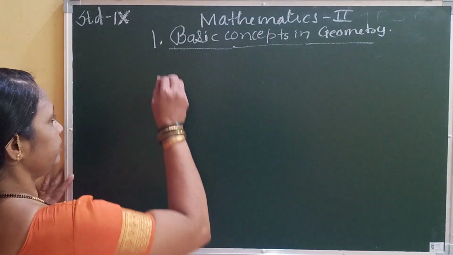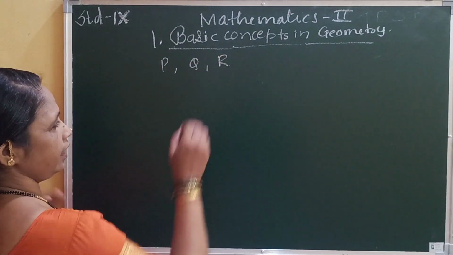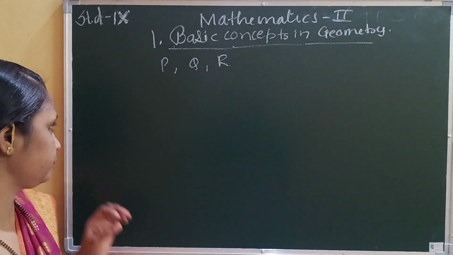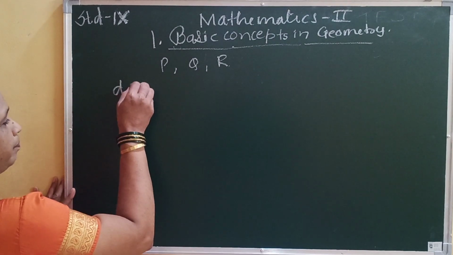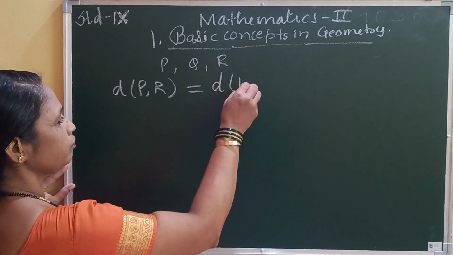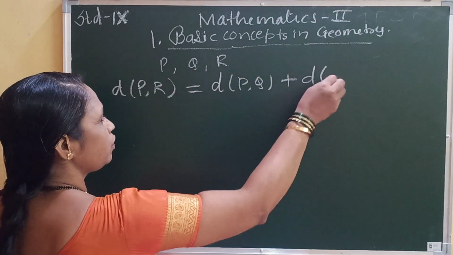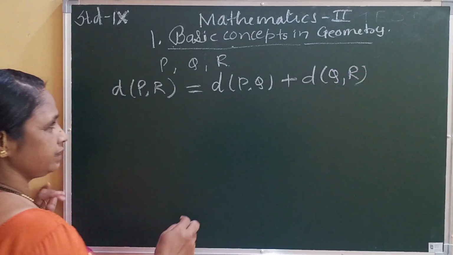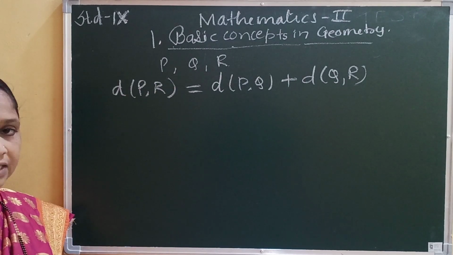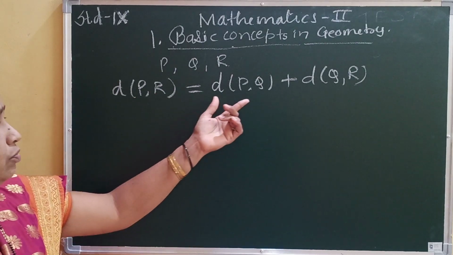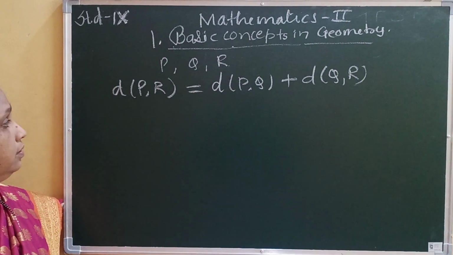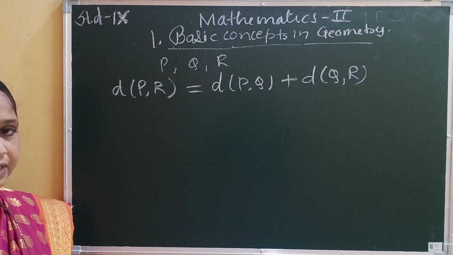Suppose here we have points P, Q and R. When we say that point Q is between points P and R, if the distance PR is equal to distance PQ plus distance QR, then we can say that point Q is between P and R.